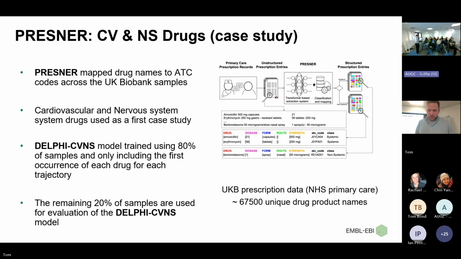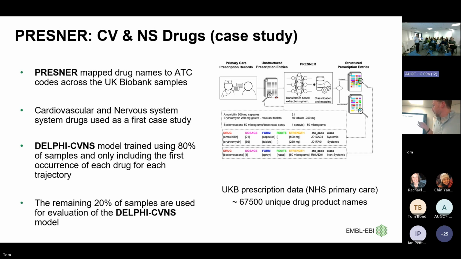So the prescription records in the UK Biobank come in a number of different coding systems, and we developed a framework called Prisoner, which basically maps all of those drug codes to ATC codes, which is a bit like ICD for drugs, right? So it gives you a hierarchical coding system.